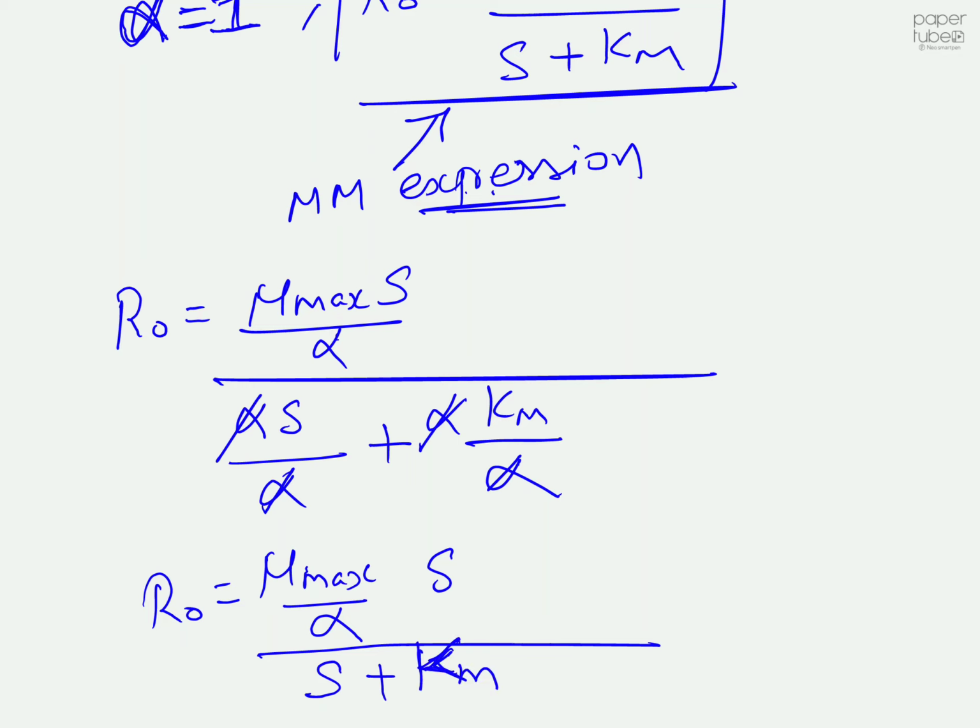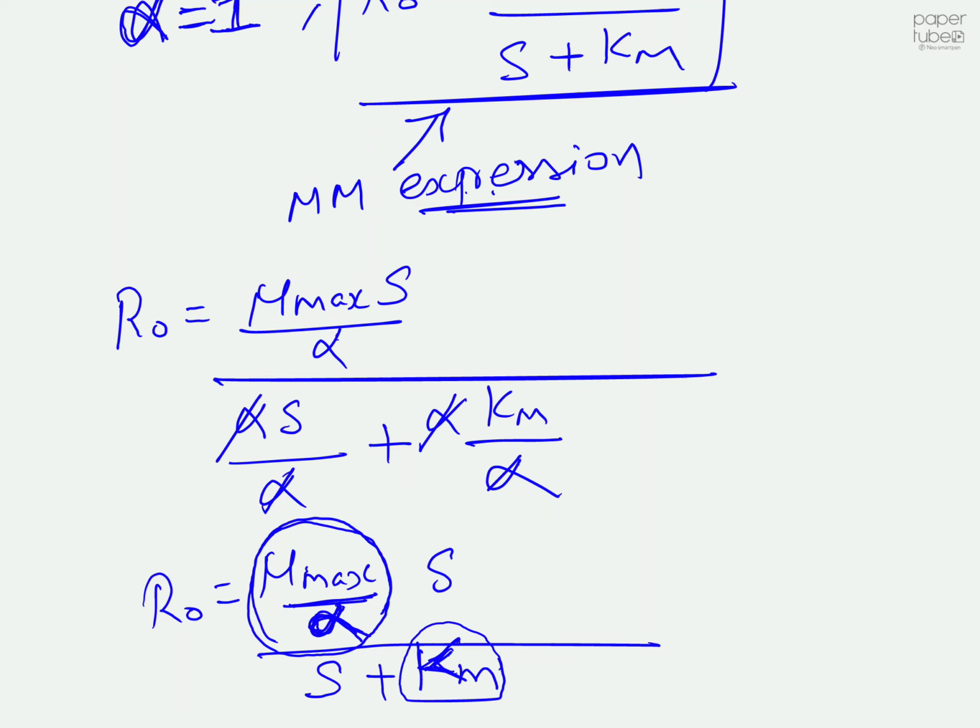If we have a non-competitive inhibitor, then your Km will not be affected, but your mu max, your maximum initial velocity, will change, and that change will be associated with some factor given by alpha. Your mu max will decrease by some amount, so it will be mu max divided by alpha.